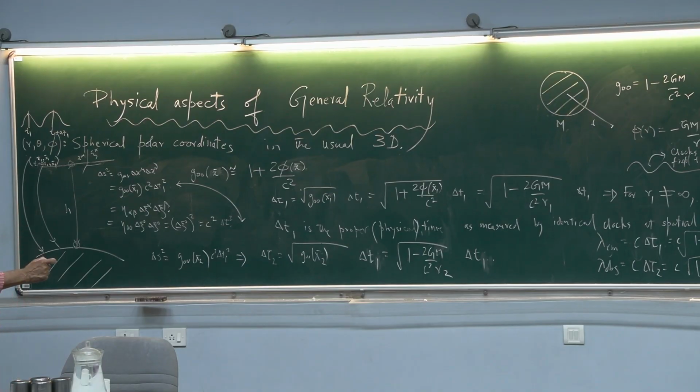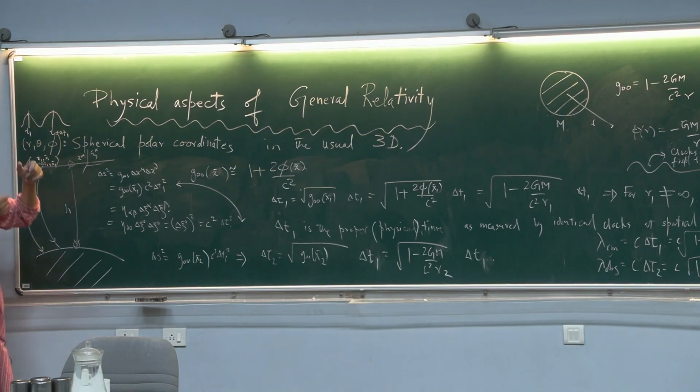Because your coordinate system has been chosen in such a way that, and there's another, better way of doing it, I'll tell you that also. The coordinates have been chosen such that if clocks are ticking at t, delta t, 2 delta t here, the clocks are also ticking at t, delta t, 2 delta t there.